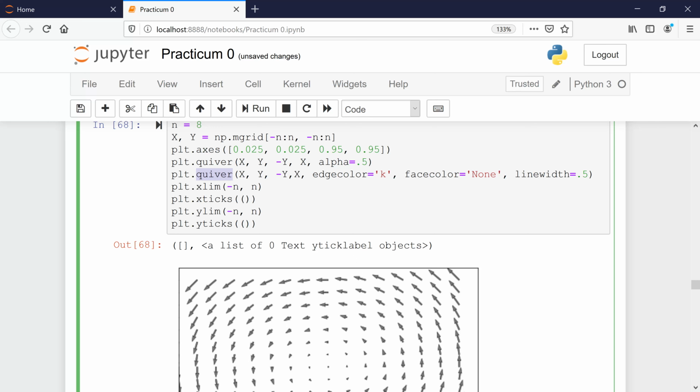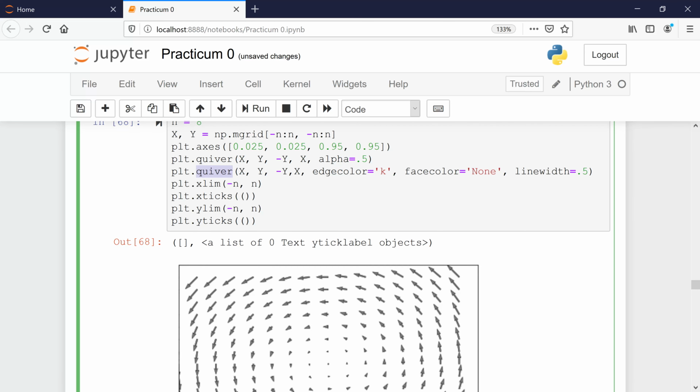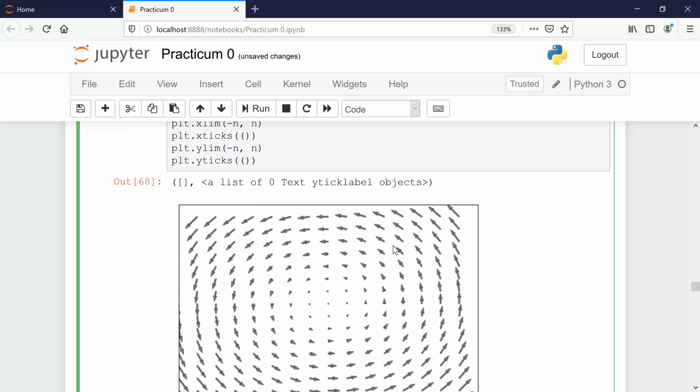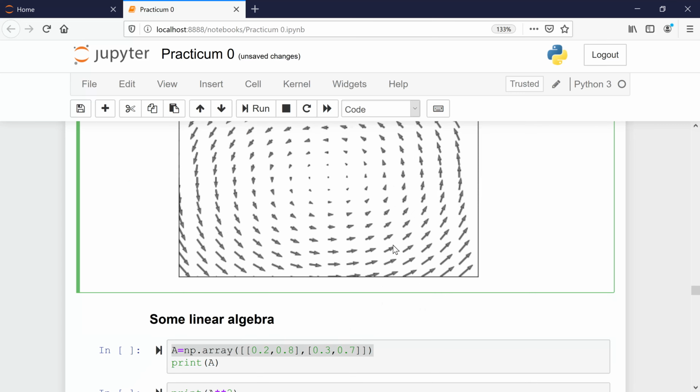Try other fields if you like. There are so many parameters like the line width, the color, and so on. Try this. So this concludes the first part about Python basics.